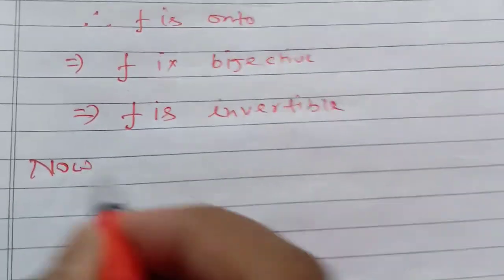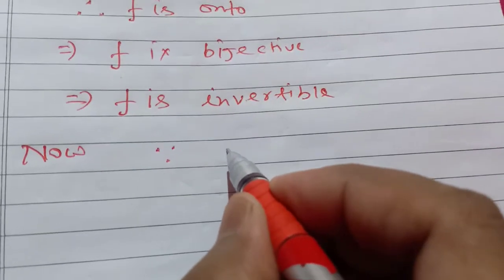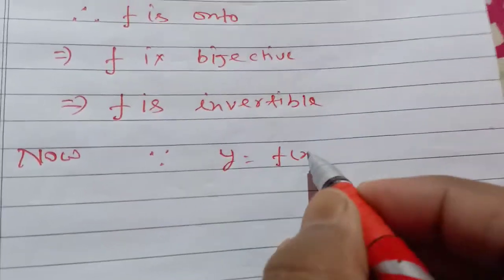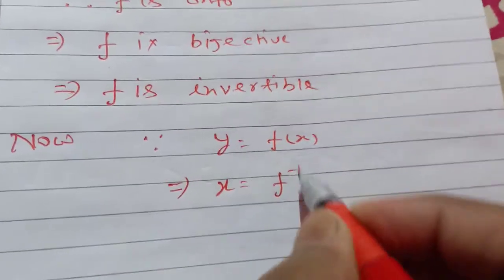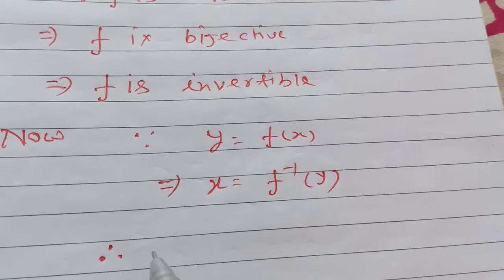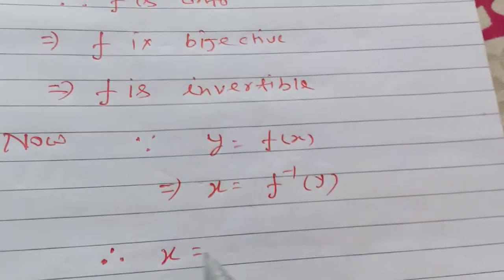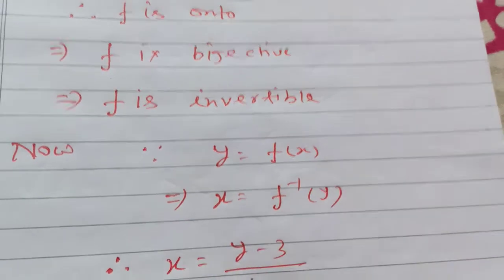Now since y = f(x), this implies that x = f inverse(y). Therefore x = (y - 3)/4.